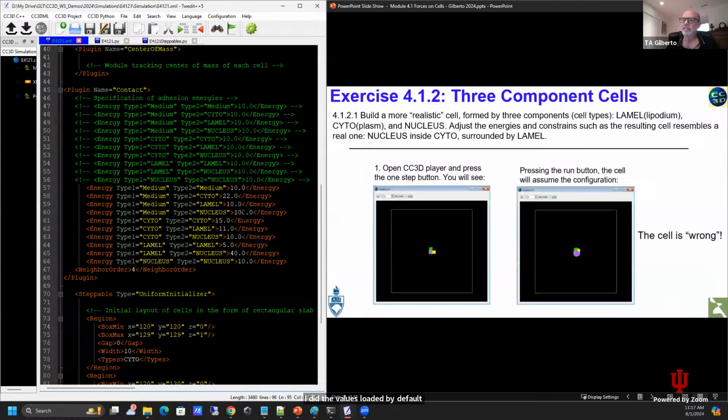To find the correct values to have the correct structure for the cell is kind of tedious because you have to play with those energy values, and there are a lot. 10 actually. 10 values of energy to play.